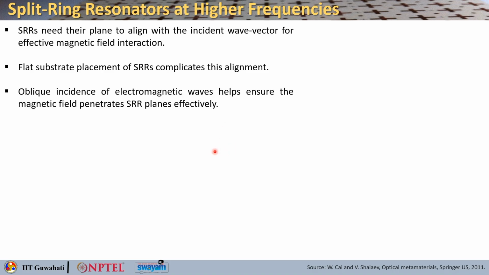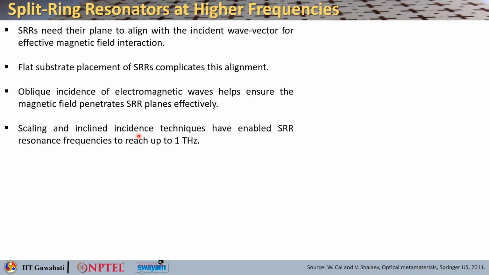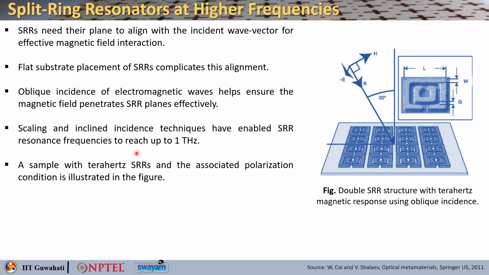One easy method to partially solve this issue is to use oblique incidence for the external electromagnetic field. This will provide a magnetic field that obliquely penetrates the split ring resonator plane, and using scaling techniques along with inclined incidence, the resonance frequency of double split ring resonators has been pushed up to 1 terahertz.